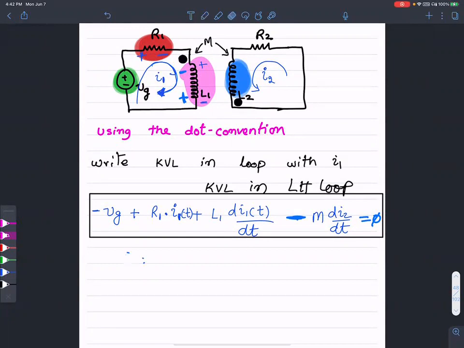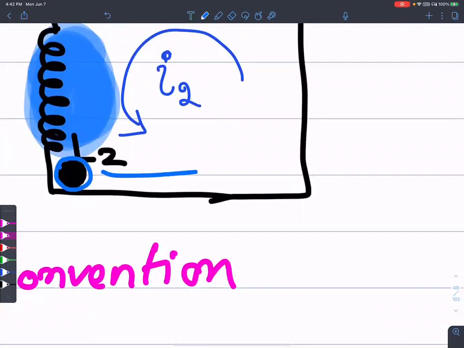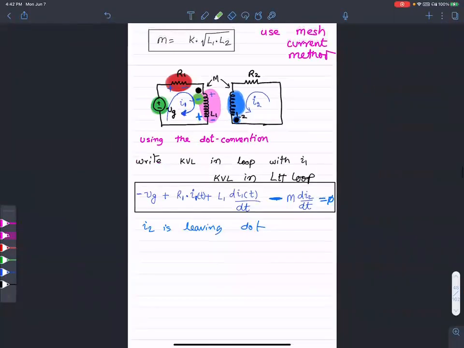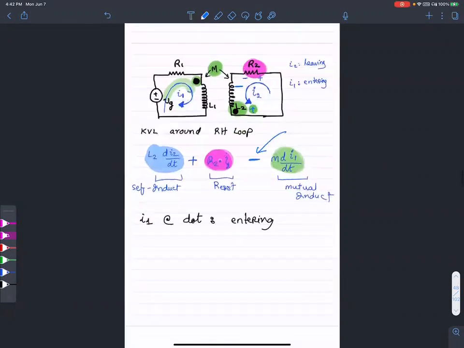Because I2 is leaving the dot, leaving that node out of the inductor, the voltage that it sets up is negative at the dot of the other terminal. So it's negative, looking at the reference direction current, negative at the dot of I1. Okay, you get the idea.